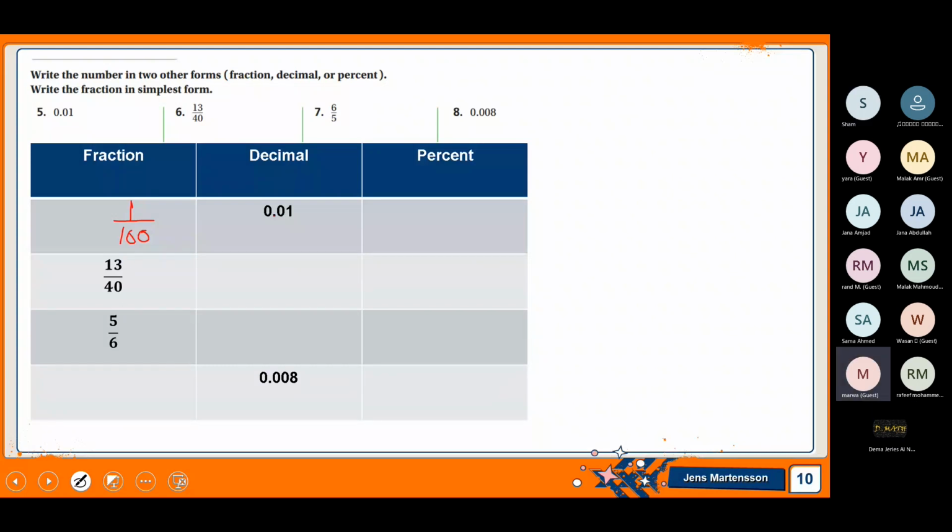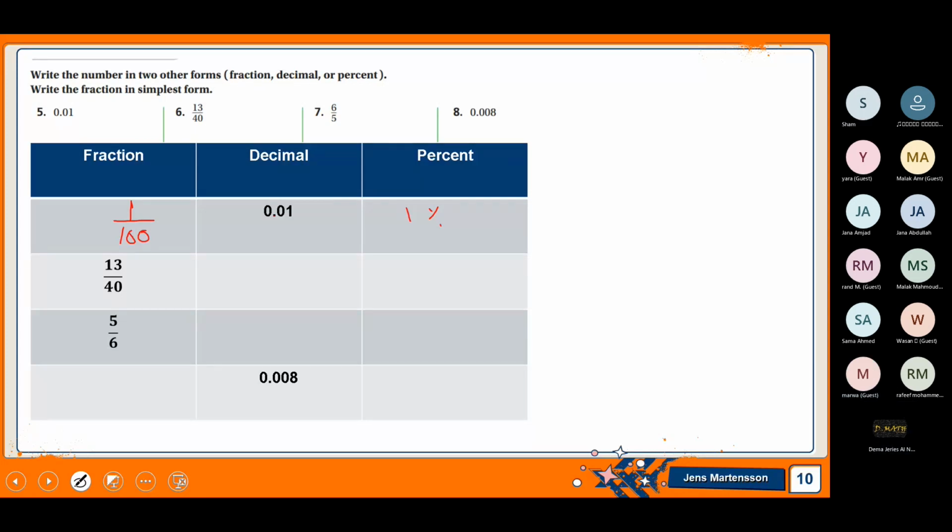We will put it like 1 over 100. No, miss. It's 1%. 1 per 100 means 1%. Oh, I understand.